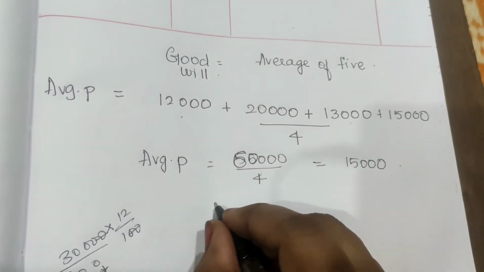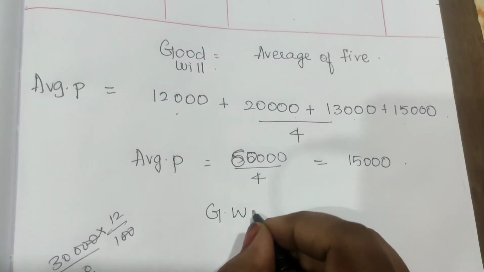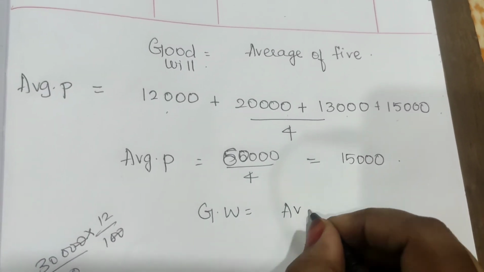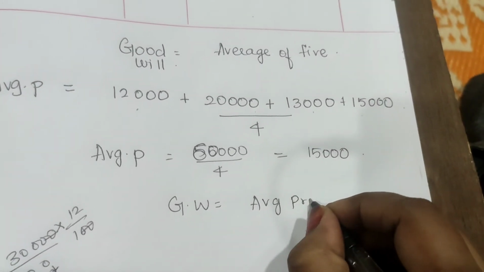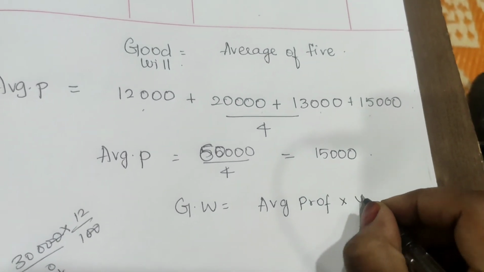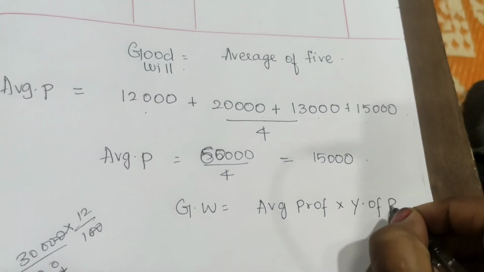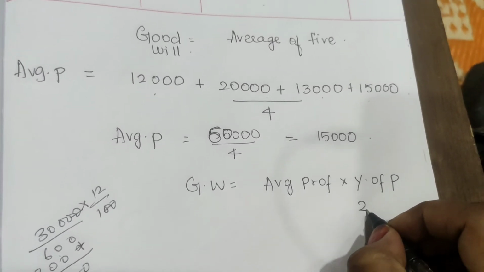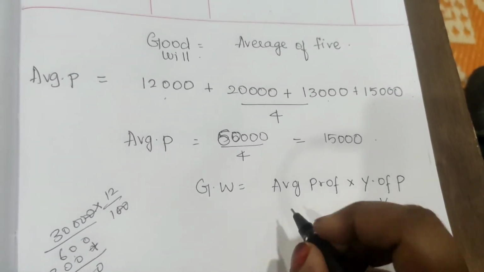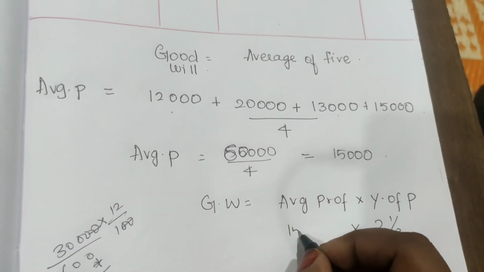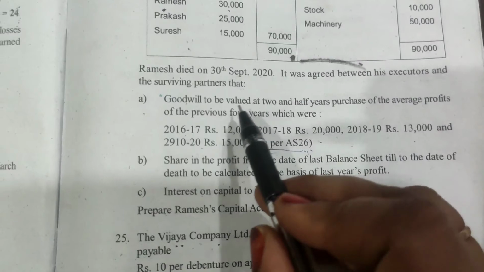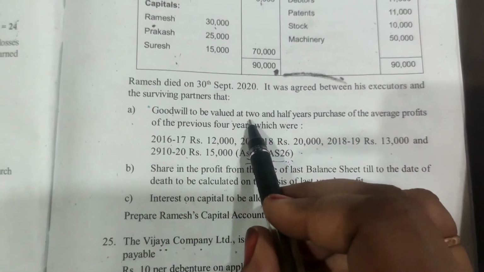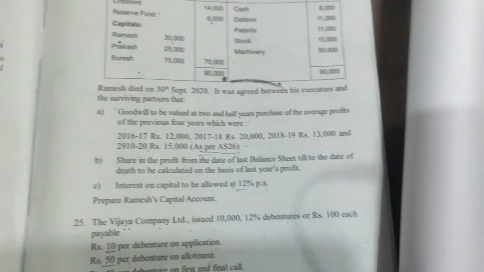Now, to calculate goodwill, the formula is average profit into years of purchase. Years of purchase is 2.5 and average profit is 15,000. Goodwill is to be valued at 2.5 years of purchase.